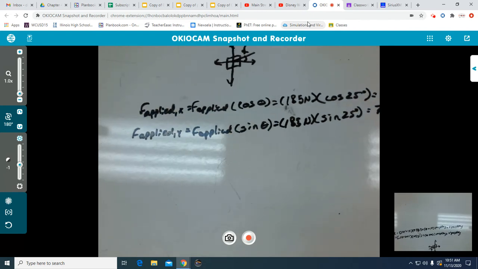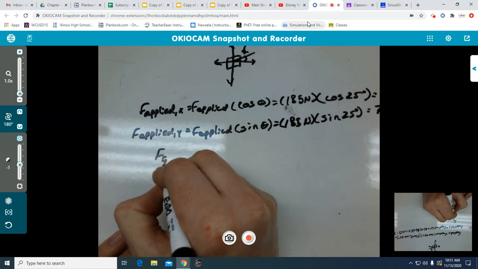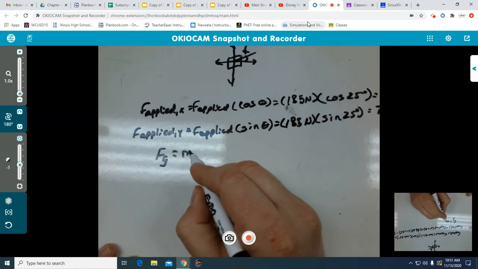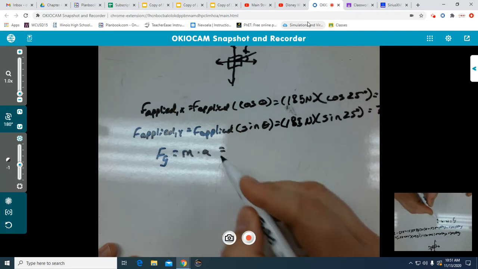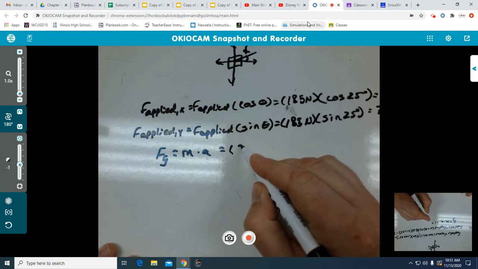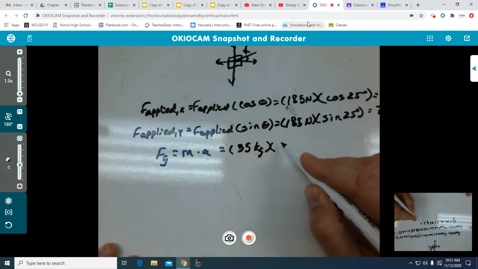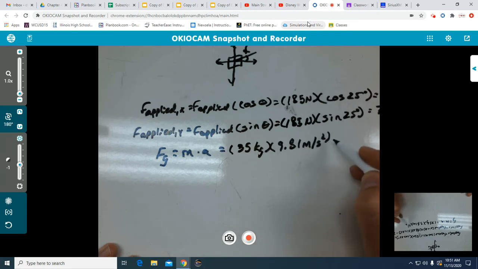While we're still early on, and knowing that I'm going to have to use this value, I am going to go ahead and solve for the gravitational force, which is simply mass times acceleration. The mass of the box was 35 kilograms, and the acceleration on Earth is 9.81 meters per second squared.